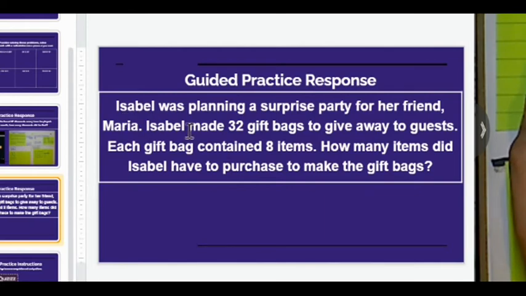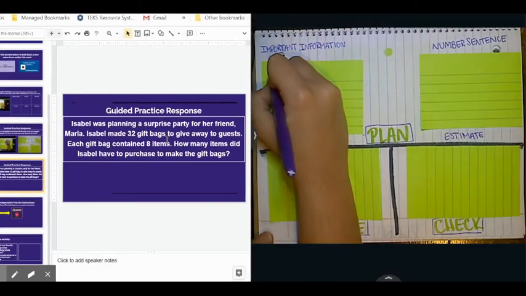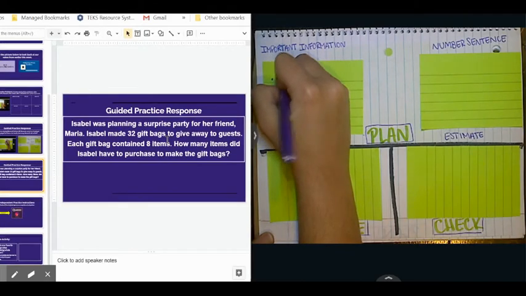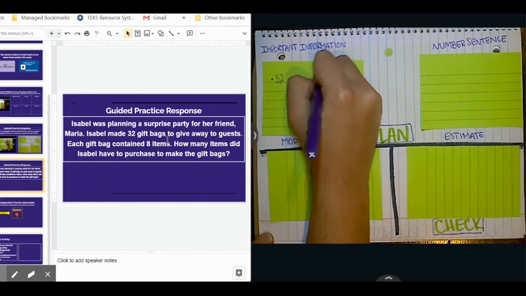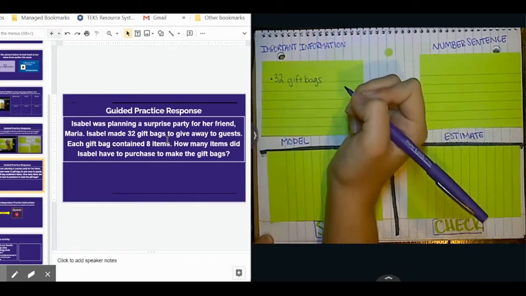First, I want to reread the problem and start finding the important information as I read. Isabel was planning a surprise party for her friend Maria. Isabel made 32 gift bags. So I know 32 gift bags may be important to give away to guests.